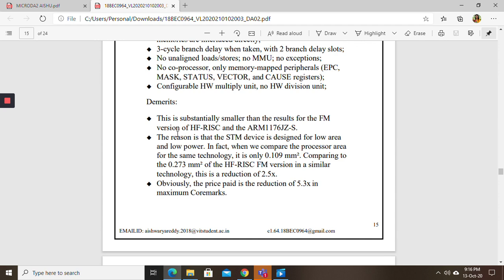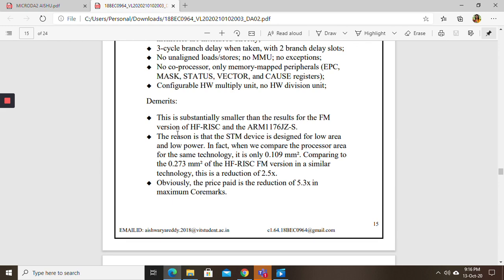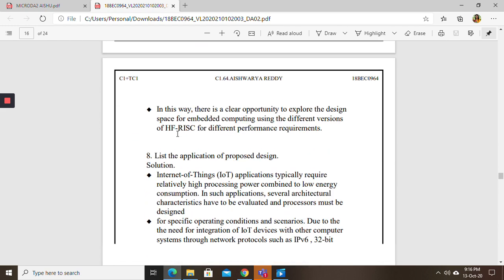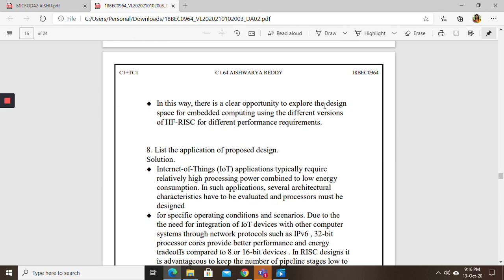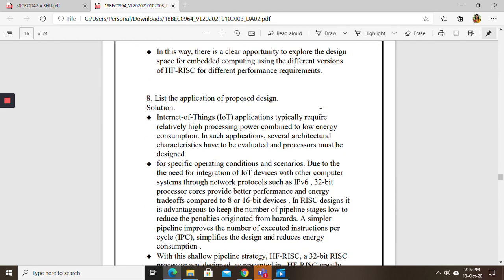Obviously, the price paid is a 5.3x reduction in maximum CoreMarks. There is a clear opportunity to explore the design space for embedded computing using different versions of HF-RISC for different performance requirements.